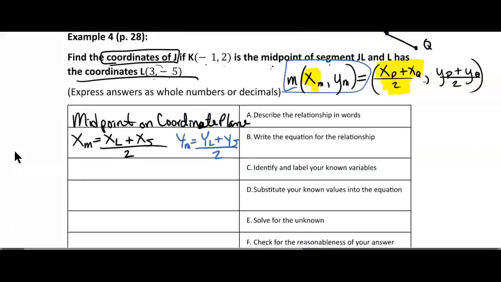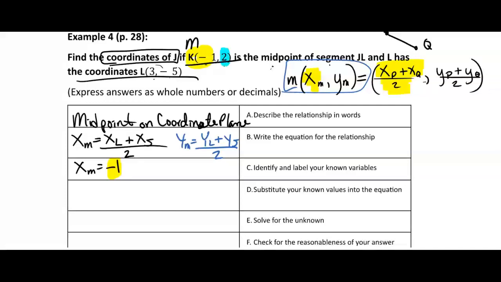Okay, then going back up, I'm going to label my known values. Now in this case, I could also replace my M with K. This is my midpoint. I can just label K as my midpoint. So I know that x of my midpoint is -1, and that y of my midpoint is 2.